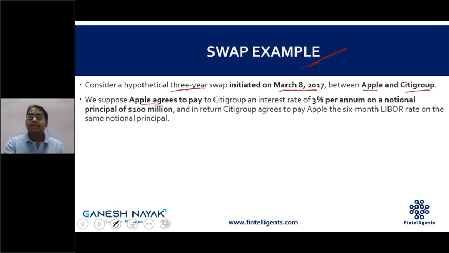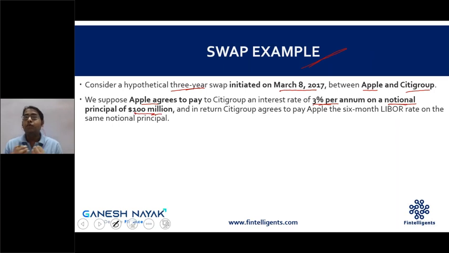As written, Apple has agreed to pay Citigroup a fixed amount of 3% per annum. You can see that 3% is mentioned on an annualized basis. Even though we are going to make the payment on a 6 monthly basis, the rate mentioned here, 3% per annum, is actually in an annualized format, on a notional principal of $100 million.